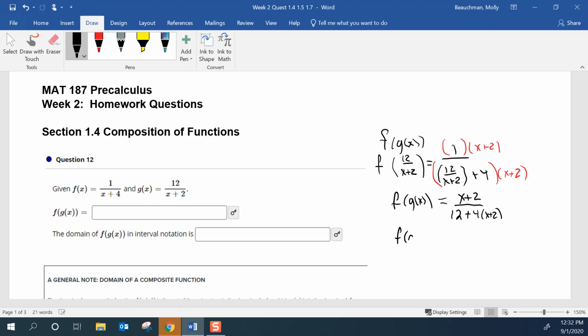Simplify your expression. We get x plus 2 over 12 plus 4x plus 8. Add like terms, we end up with 4x plus 20 in the denominator. So our function f composed with g of x is equal to x plus 2 over 4x plus 20.